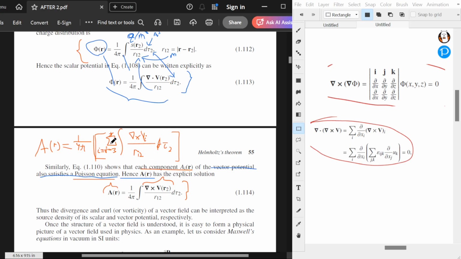Okay, I would have much preferred this, but let me see if I can reason out just from this how this could be this.